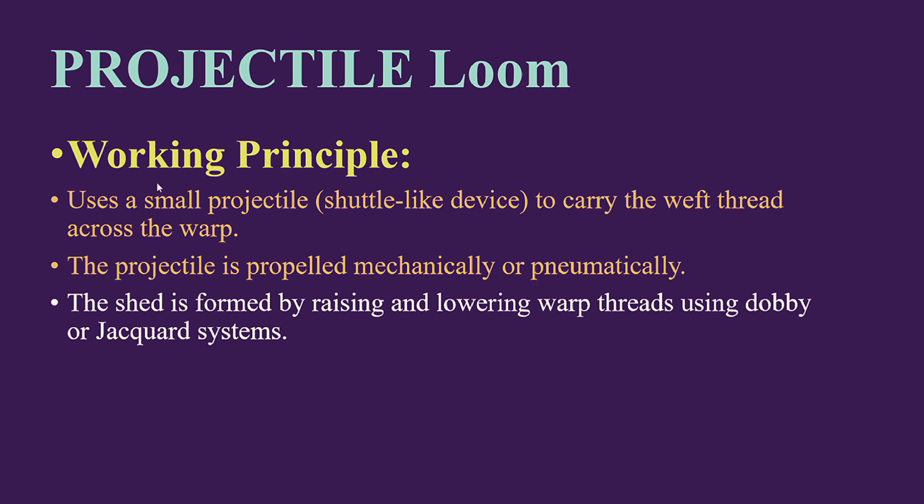It means in projectile loom, projectile is used like a shuttle is used to carry the weft bobbin or a weft yarn across the warp for weaving process. It may be working by mechanical process or pneumatical process.